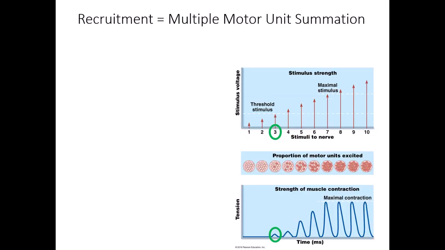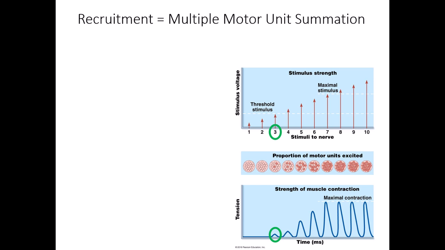Okay, so remember, we're talking about getting those graded muscle contractions where we're able to vary the strength of the muscle contraction as needed by the body. And the first way that we did that was through temporal summation, varying the frequency of the stimulus to build that wave-like contraction with greater and greater strength, higher force in each subsequent wave.